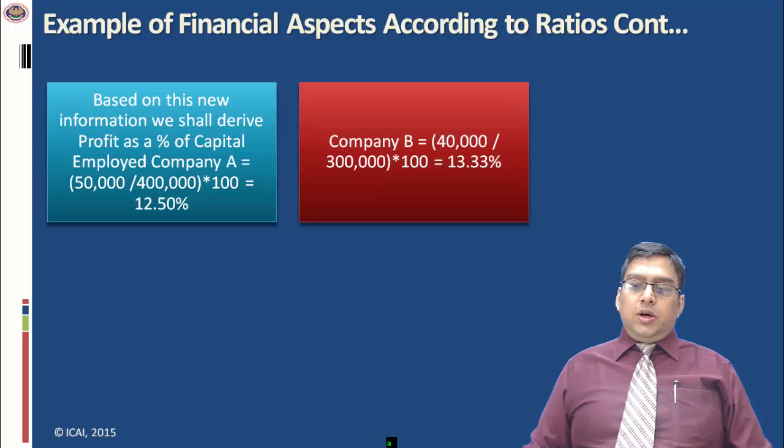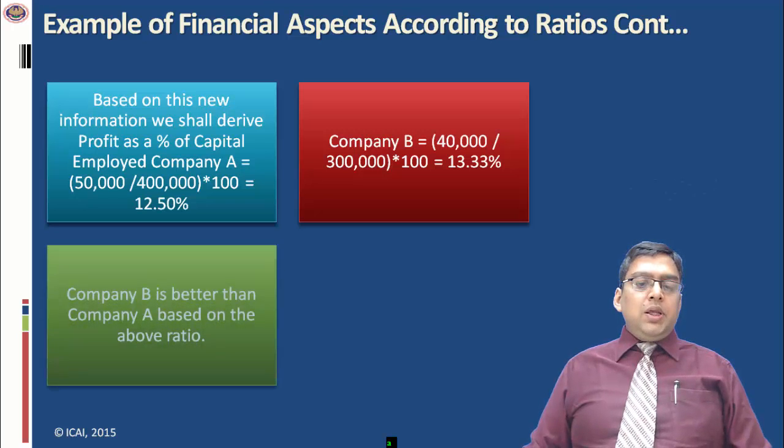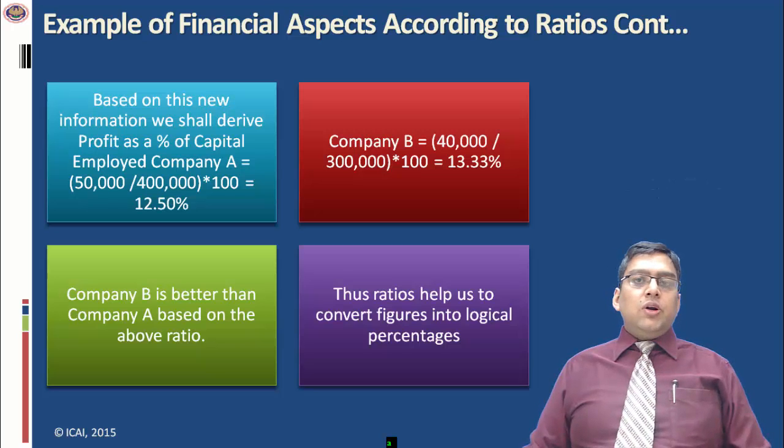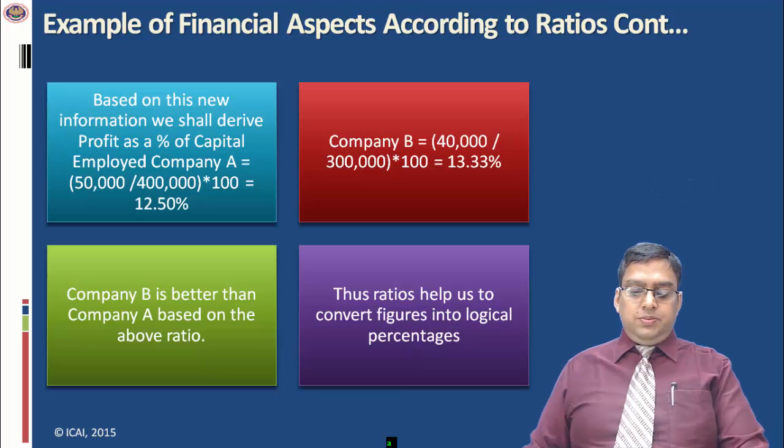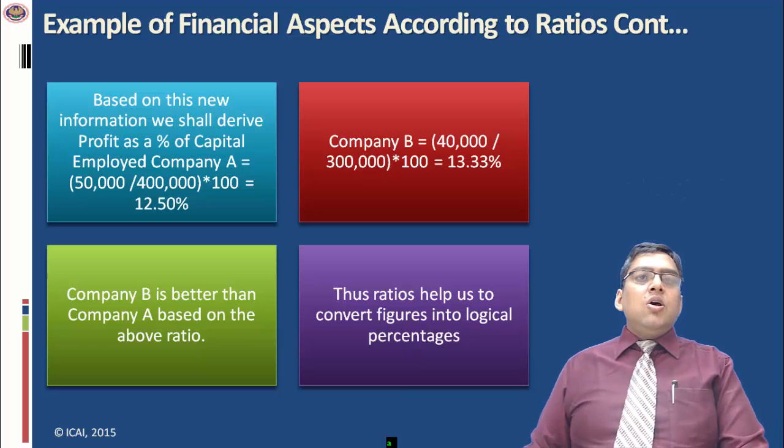Company B is 40,000 divided by 3 lakh into 100, that means 13.33%. Company B is better than company A based on the above ratio. Thus, ratios help us to convert figures into logical percentages. Thus, ratios change the view of financial aspects.